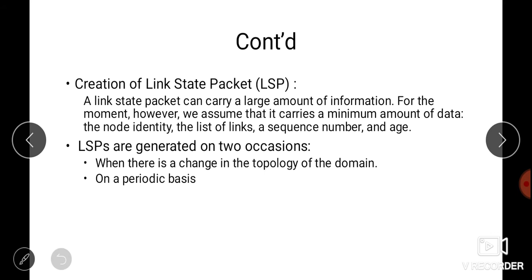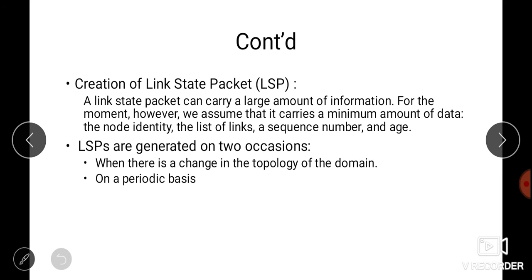So whenever there is any change in the network, we will send a new LSP. The fourth one, which is age, prevents old LSPs from remaining in the domain for a long time. If an LSP is very old and we are not refreshing the information, then that information will become bogus and it will be discarded.